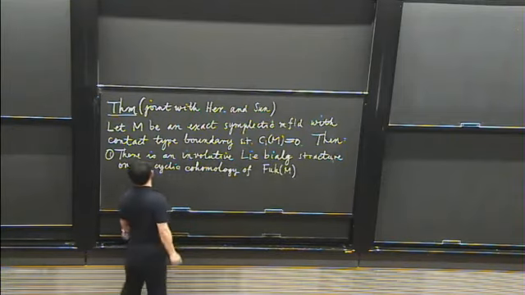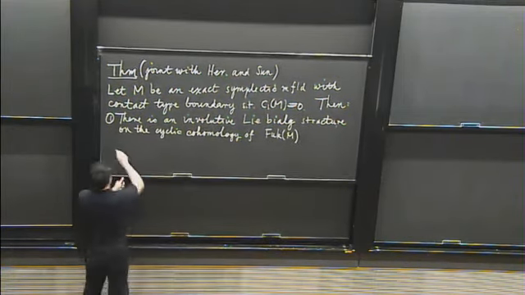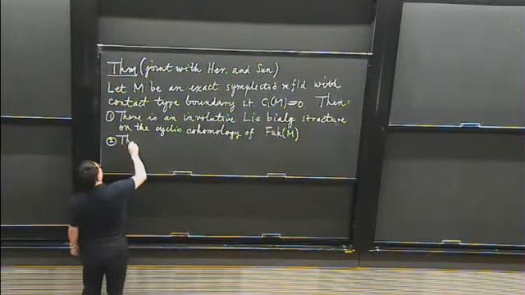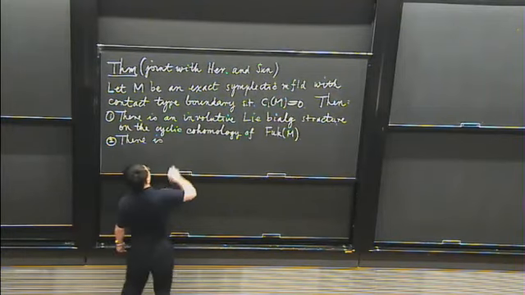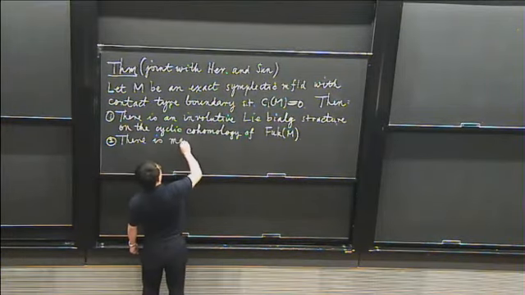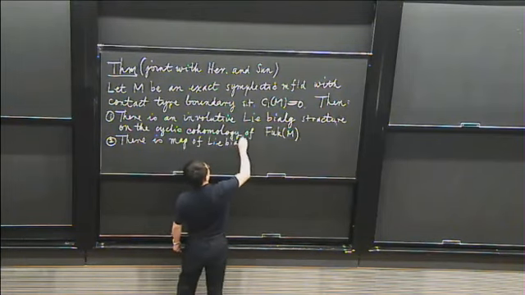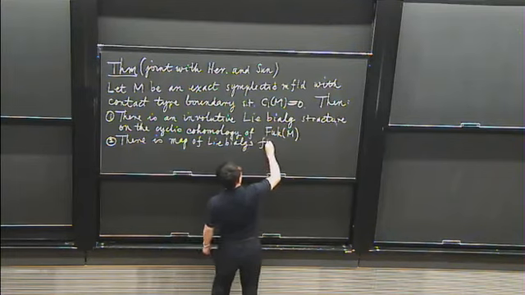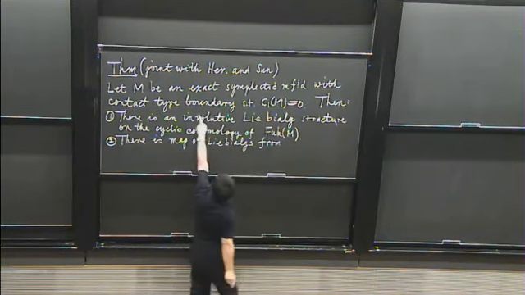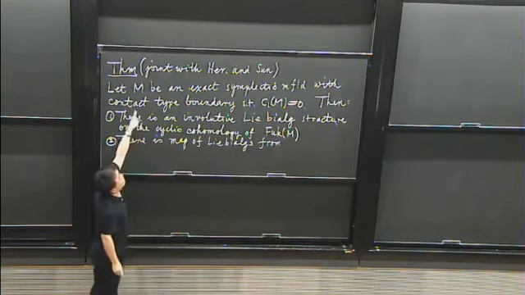And the second statement is there is a map of Lie bialgebras from the boundary. Here we assume that the manifold has a boundary.